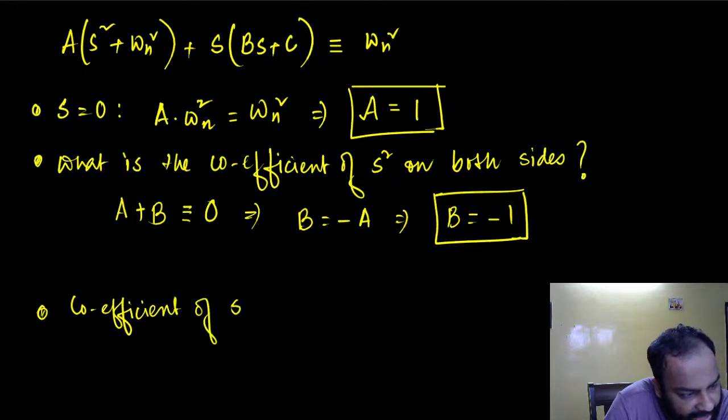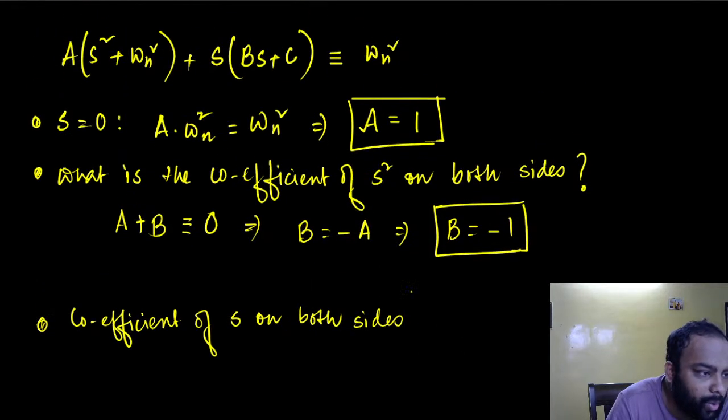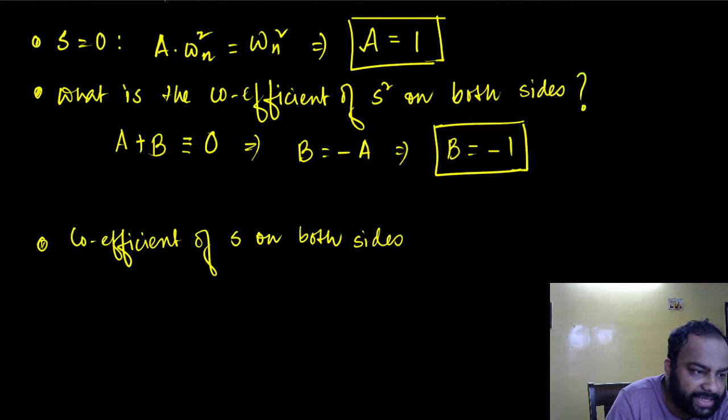So what is the coefficient of s here? Of course, this polynomial does not contribute to the coefficient of s. What about this one? Of course, the coefficient of s here, because of this part, would be s into C. So the coefficient would be C essentially.